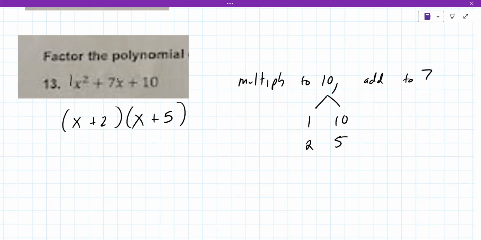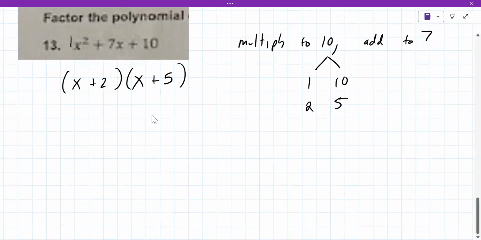Does that look unfamiliar to you? No, that makes sense. Okay, let me have you try another one here. Let me have you try x squared plus 8x plus 15.